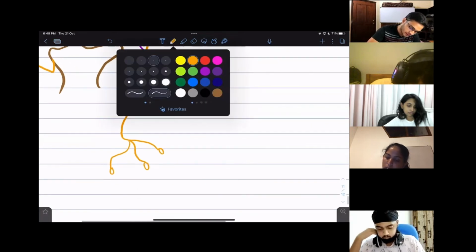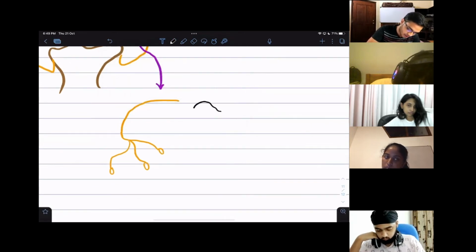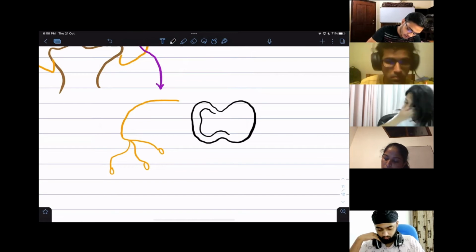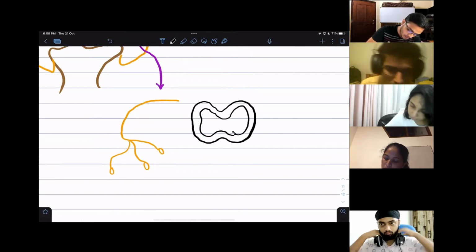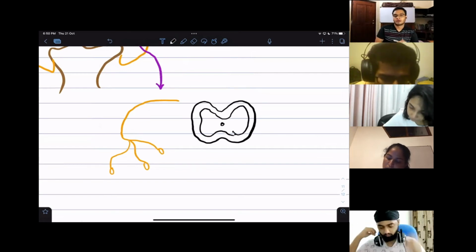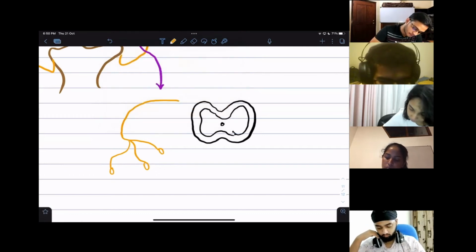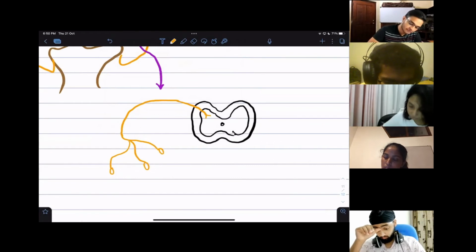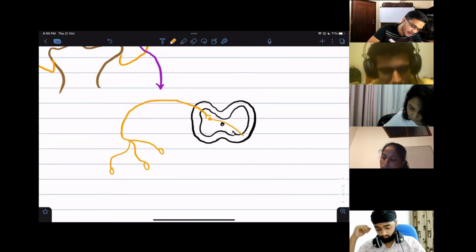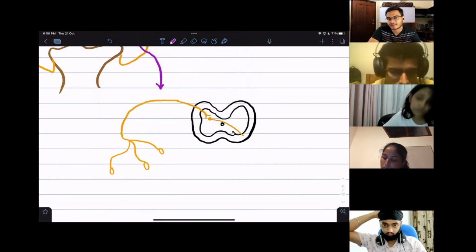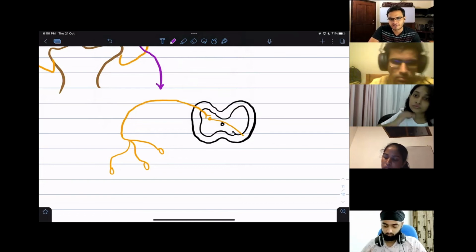That will go all the way, first into the spinal cord, whichever level that is. It will come all the way here, and then it will synapse with a second order neuron. Don't worry, we'll look at this. This second order neuron for pain usually goes through what tract? If you know the neurology, just tell me.